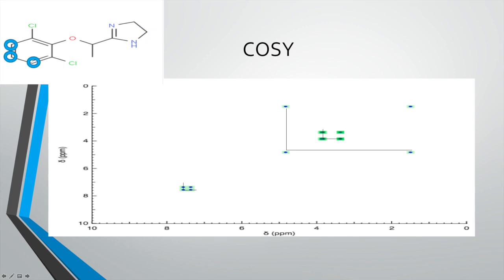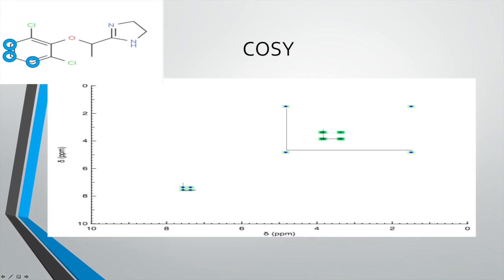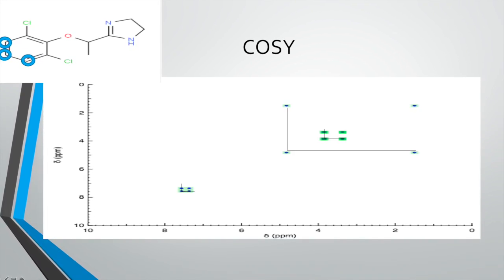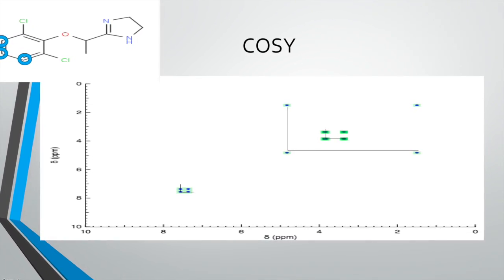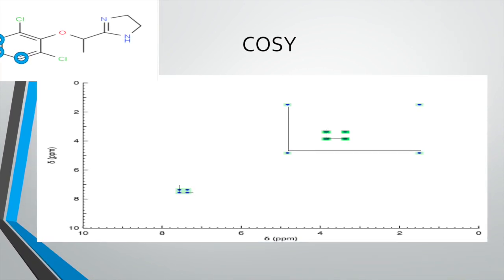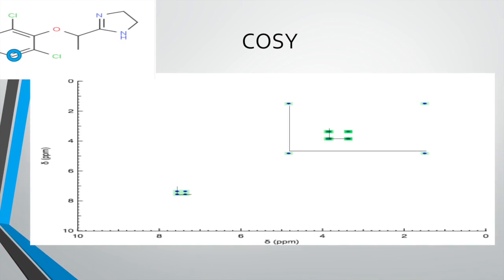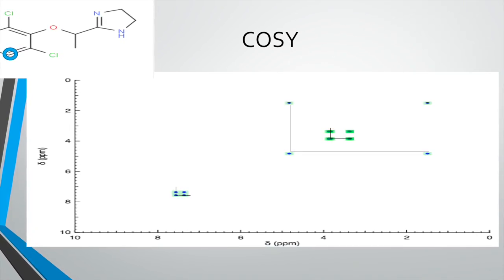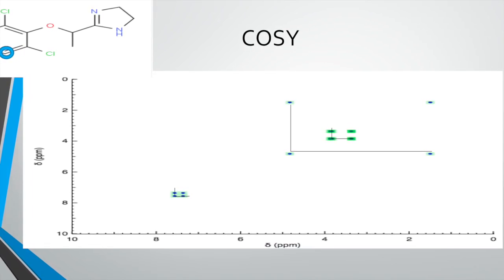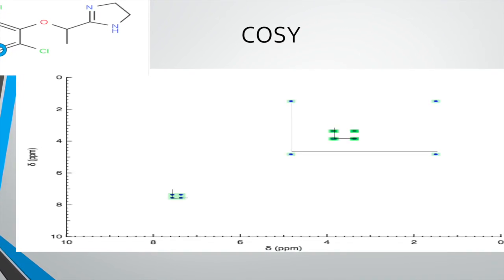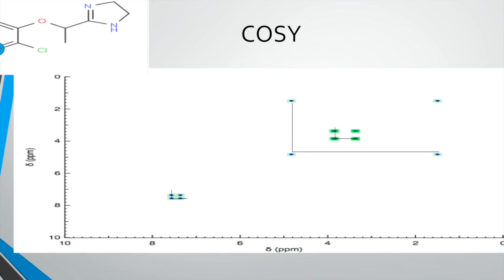And the next group of carbons that have protons on them that can interact are depicted in the bottom left-hand corner of the COSY. And you see 2 sets because the 2 carbons are equivalent, interacting with the hydrogen atoms on that carbon on the end, at around 7.4, 7.5 ppm.